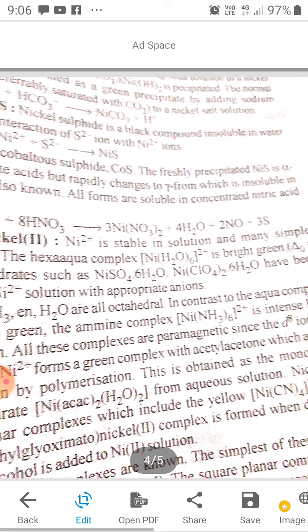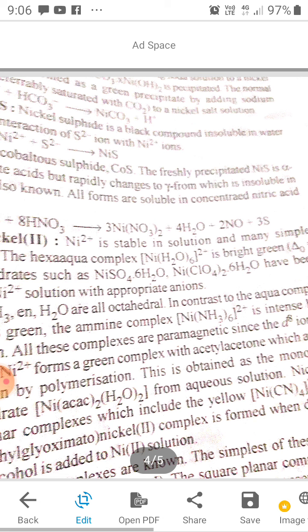This can be produced by treating nickel with carbonic acid. This is easily produced.